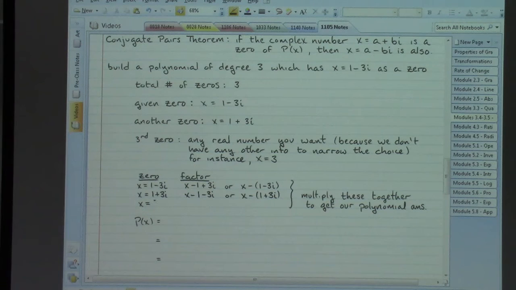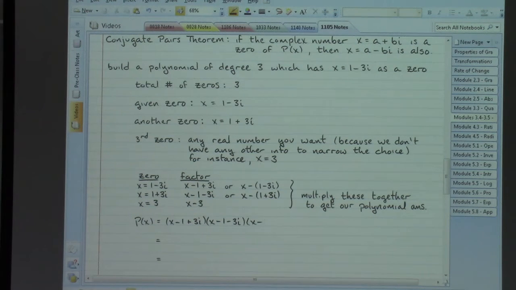And x equals 3 is a zero, means x minus 3 is a factor. And, well, they tell us that we've got to build the polynomial, so we're going to have to take those factors and multiply them together. Well, let's use the x minus 1 plus 3i and the x minus 1 minus 3i.